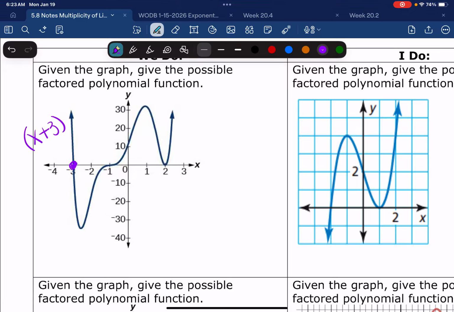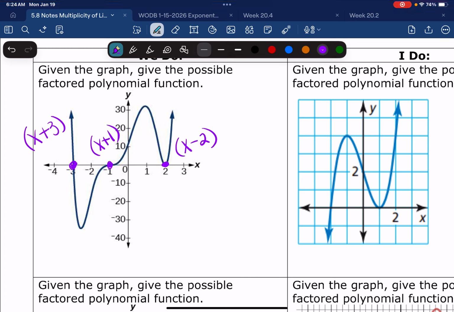Notice the signs always change. I have an x-intercept here at negative 1, so this is a factor of x plus 1. And then I also have an x-intercept at positive 2, so that turns into a factor of x minus 2.